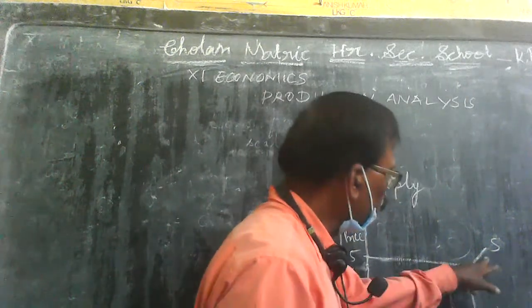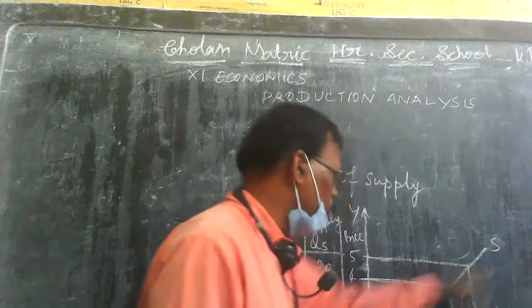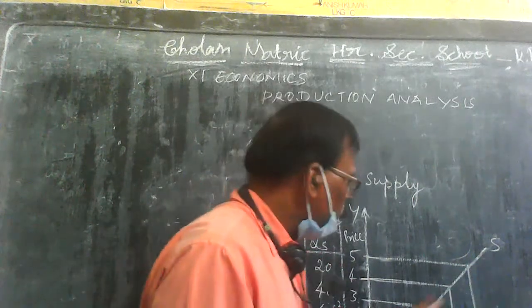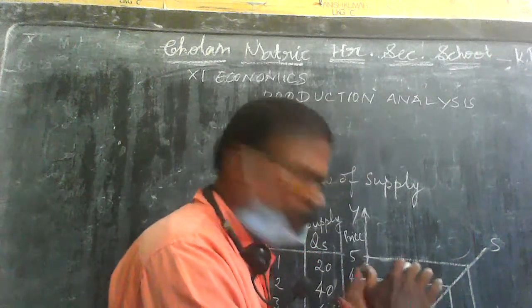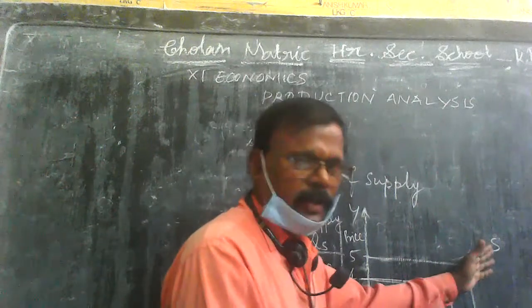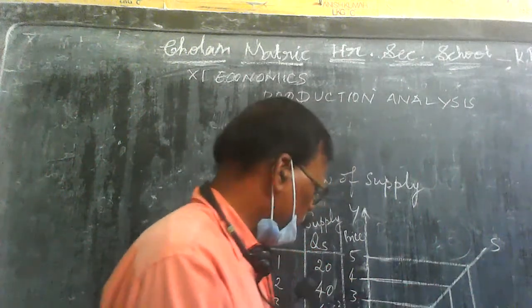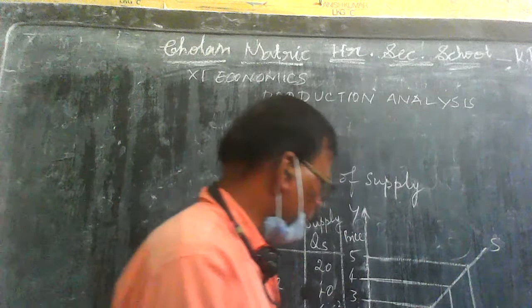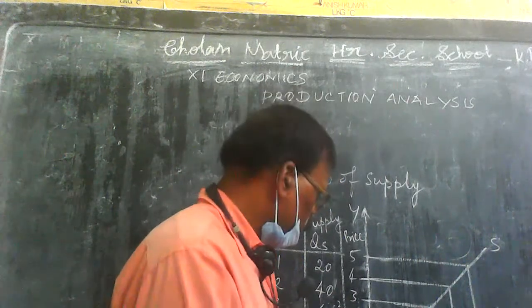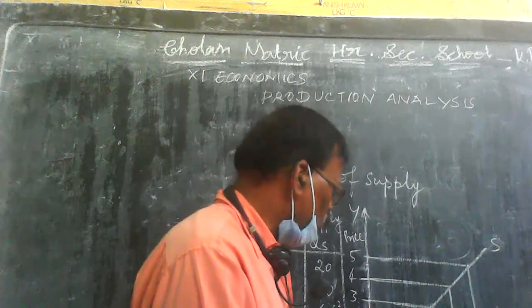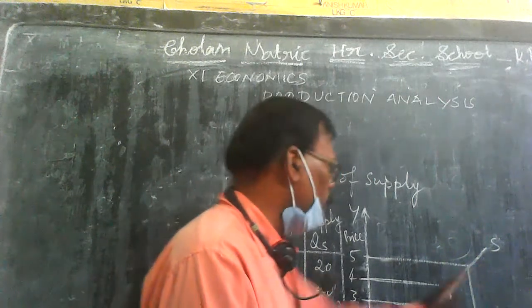This curve represents a positive slope from left to right. You see, the slope of the curve represents a positive slope from left to right.